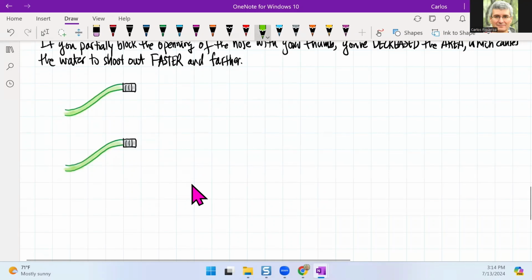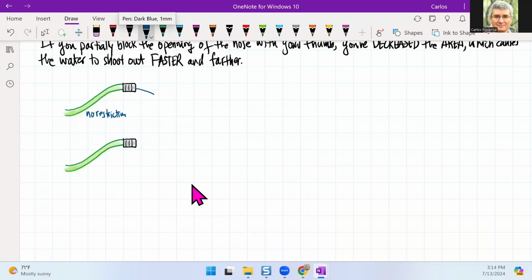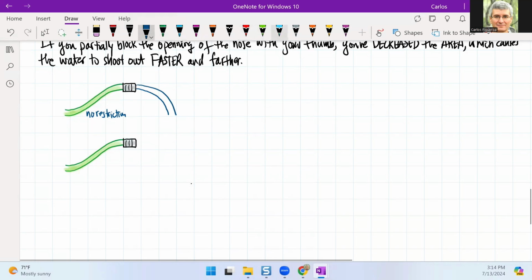If this is unrestricted, so if I'm going to say that there is no restriction, you're just letting this thing shoot out. What am I going to see here? You're going to see that the water shoots out a distance something like this. Right, so the water comes out and it's going to go some distance. And what you're going to find here is that this distance is going to be small because the speed that's coming out is going to be small.